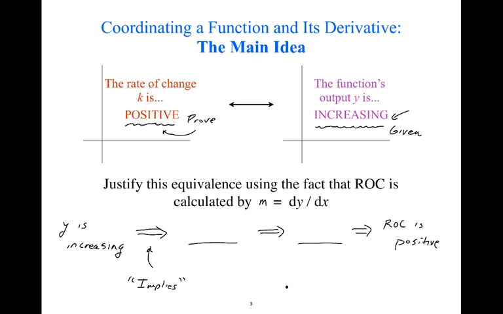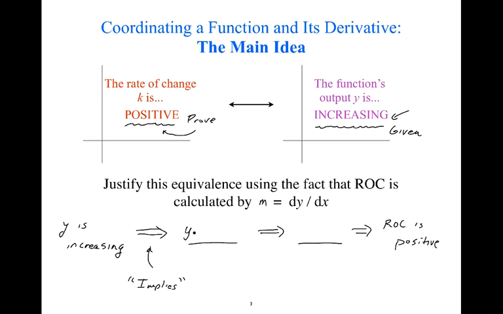Anyone think they can make the chain of deduction that gets you from y is increasing to the rate of change is positive? Yeah. So if y is increasing, dy is going to be positive because y final minus y initial will be positive. Okay, so you got the idea.